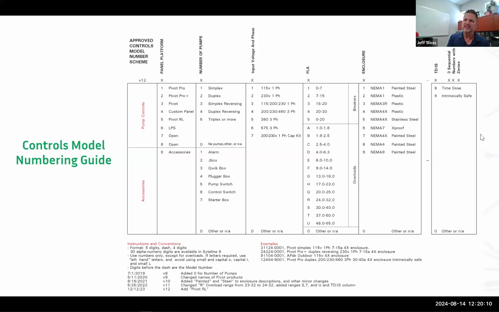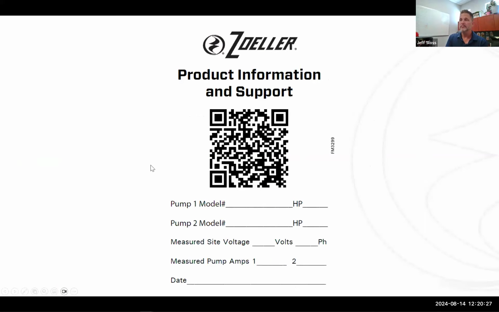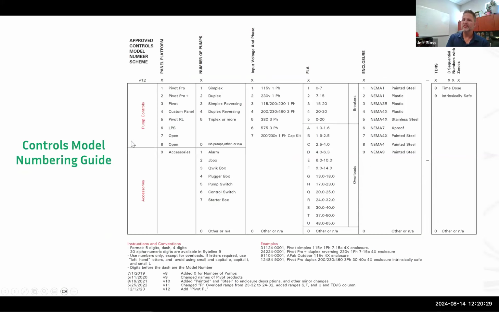So it's really helpful when you're trying to make sure you have the right panel, or you're ordering the right panel, or you've been confirmed a certain part number. As long as you use this chart, you can see how the panel's built: amps, phase, the platform, whether it's duplex, simplex, or reversing, all those things. So I just want to point that out.